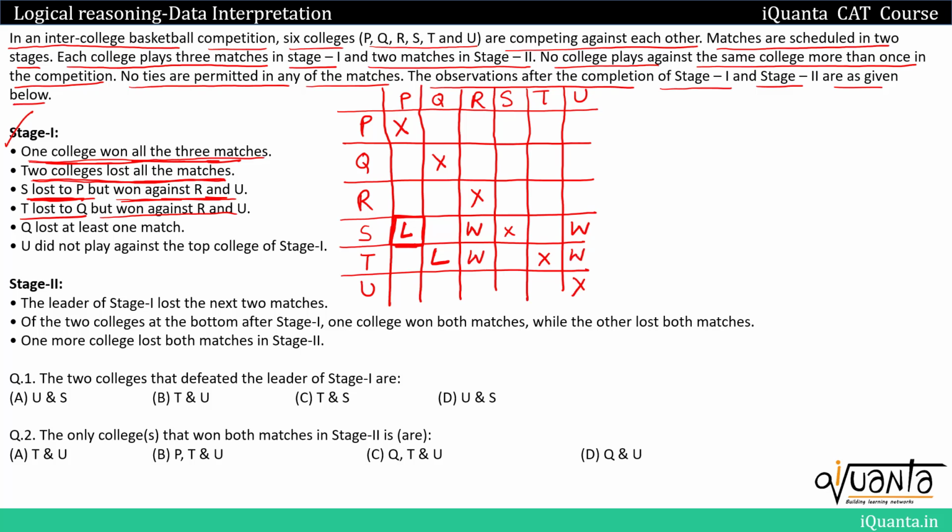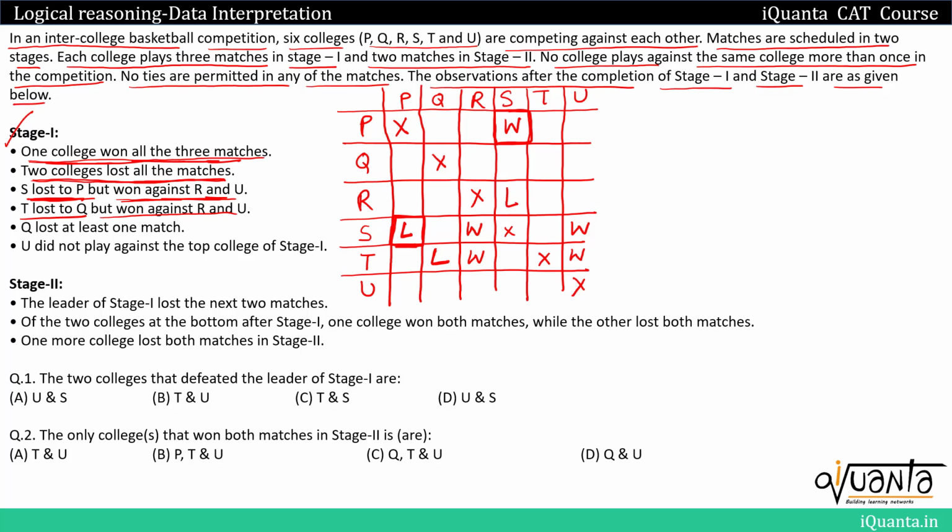Now when I say that S is losing against P, that means P will be winning against S. So P against S is denoted by this particular space over here. So P against S will be a win. Similarly, S against R was a win, so R against S will be a loss.